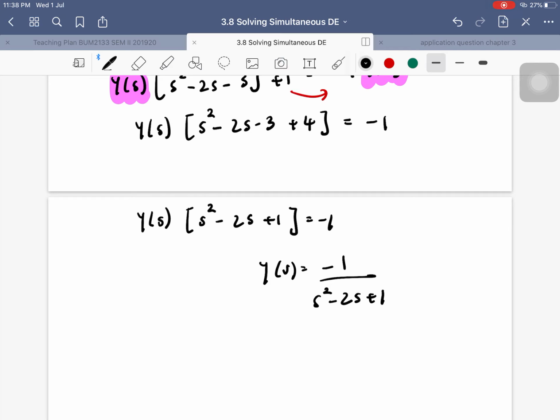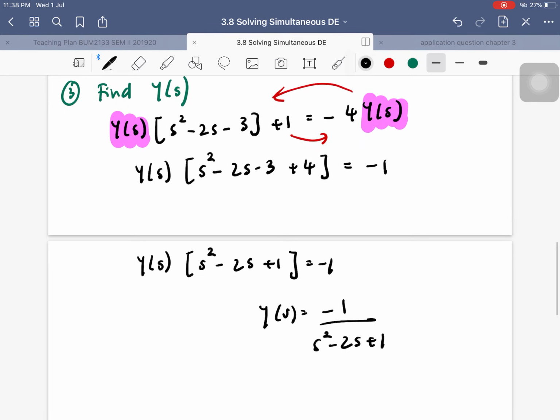That is one of my variables, which is Y. It doesn't matter which one you find first. You can find x first, you can find y first. It depends on the equations you obtain after you Laplace transform, and the answer is going to be the same.